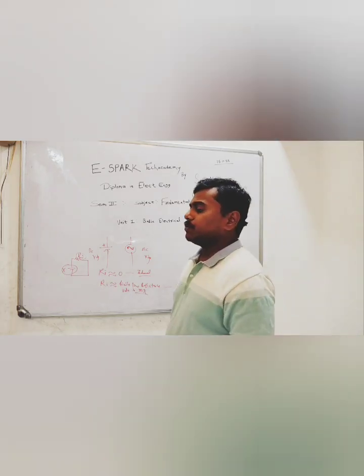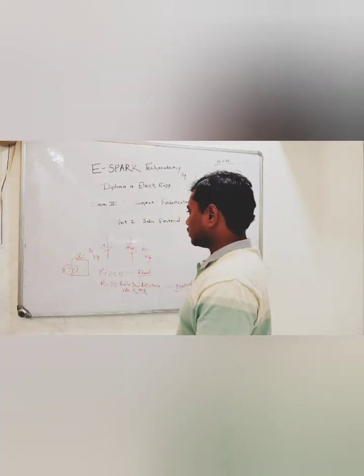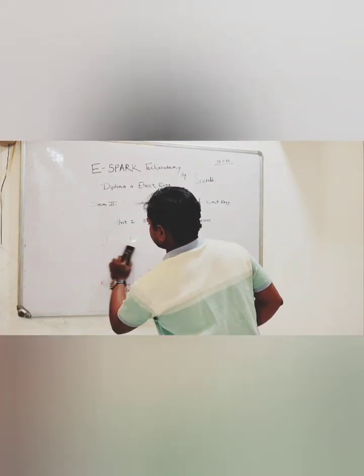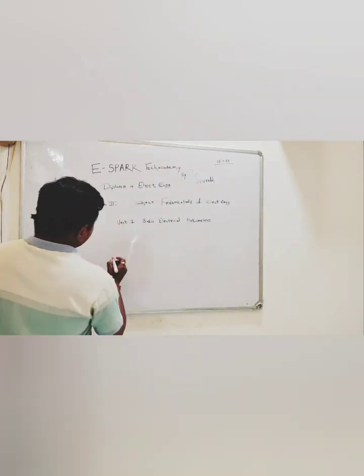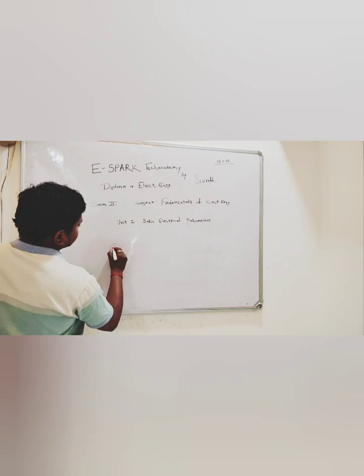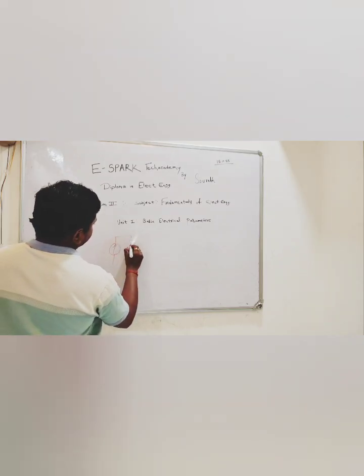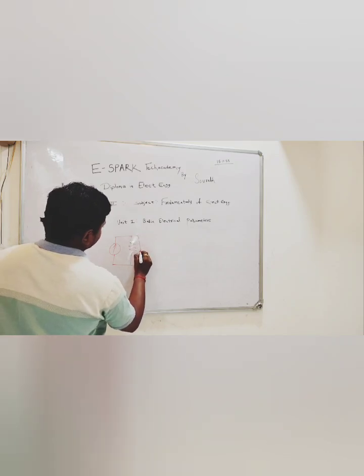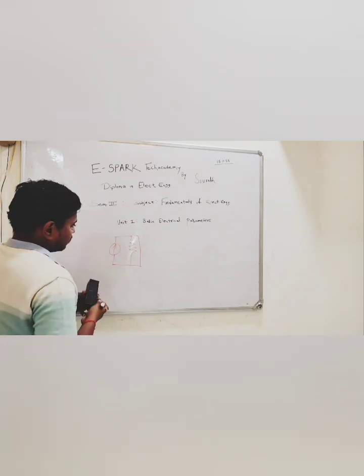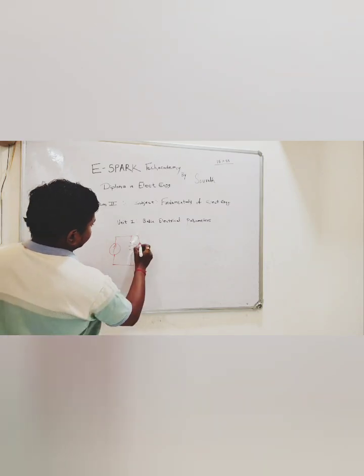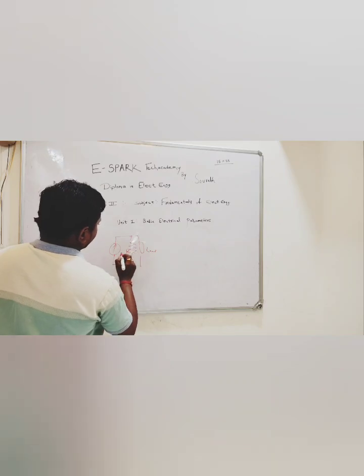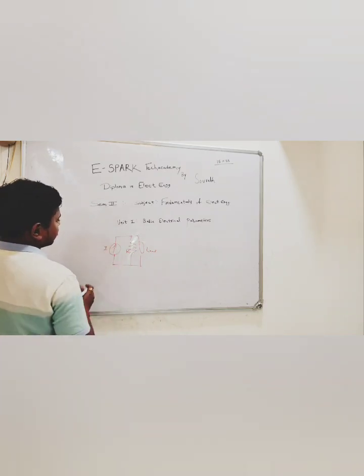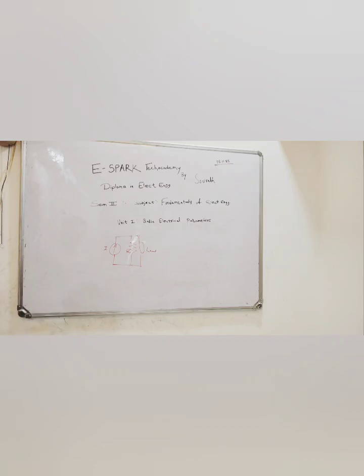Now the current source is drawn with the current in this direction and a resistance in parallel with it, and here we can see the load is connected. This will be Ri, the internal resistance, and this will be the current in the specific direction.